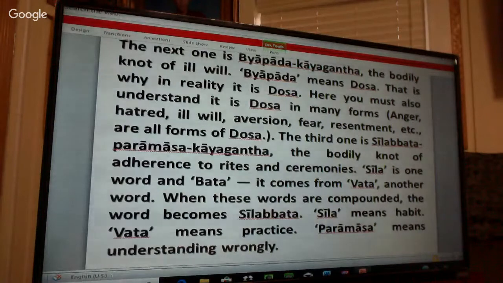Understanding wrongly is the meaning of paramasa. So the whole meaning of Silabbataparamasa Kaya Ganta is all kinds of practice and habit held with wrong view, not right view.